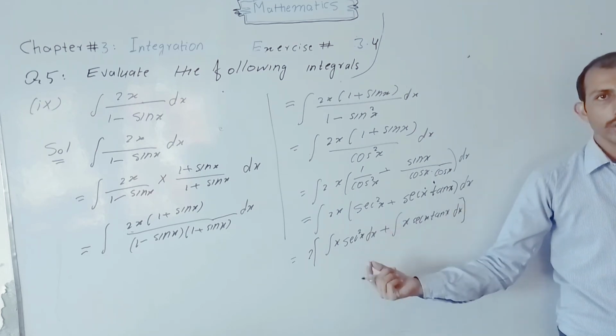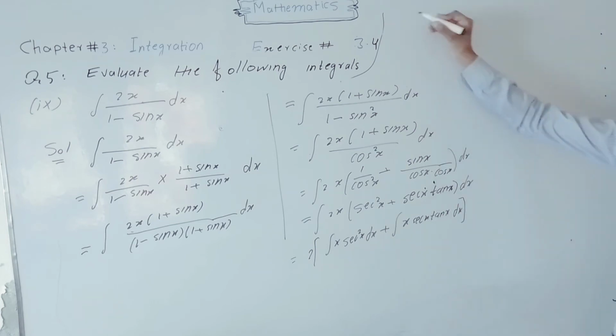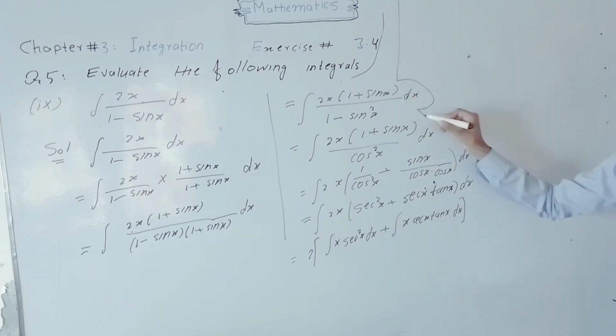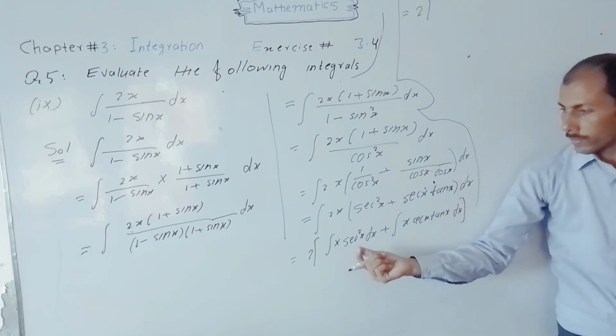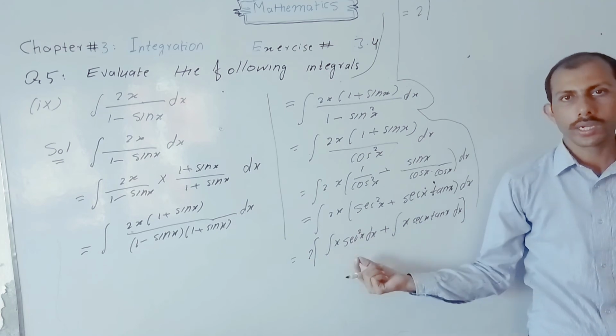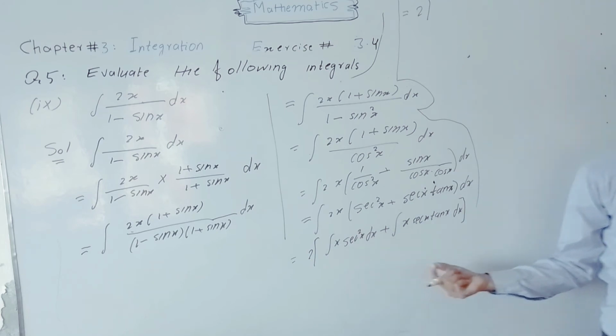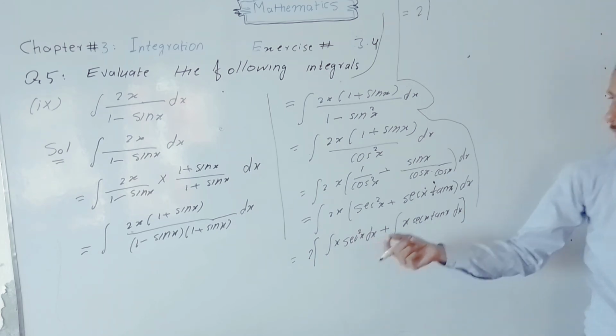using integration by parts, which is equal to 2 into integral x secant square x, according to Euler rules.